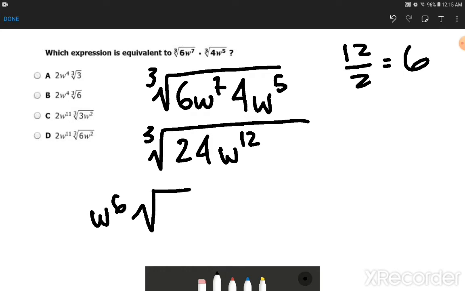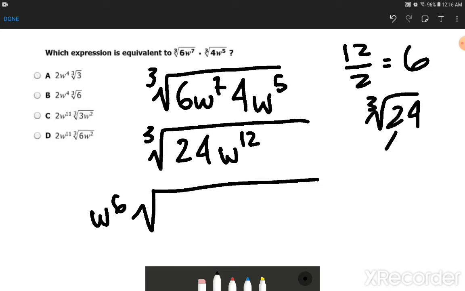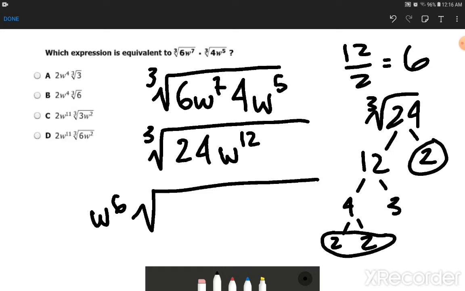And we're going to take the cube root of 24 by using the tree. So that would be 12 times 2, 4 times 3, 2 times 2. We have our prime numbers, so we're going to find a triplet. We have 3 twos here. So the 2 is going to come out, and the 3 is going to stay in.